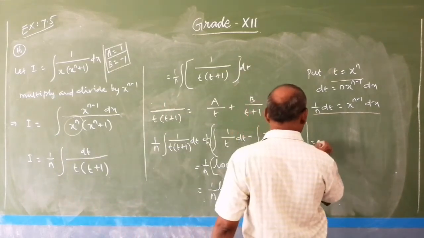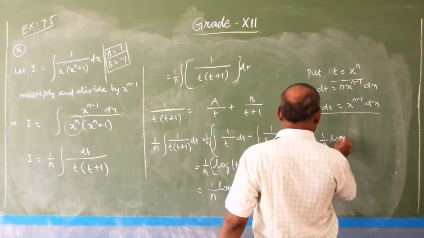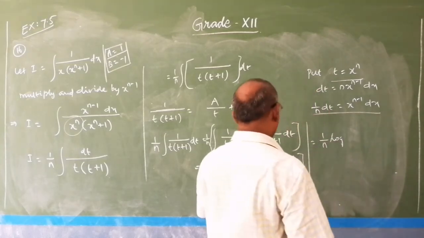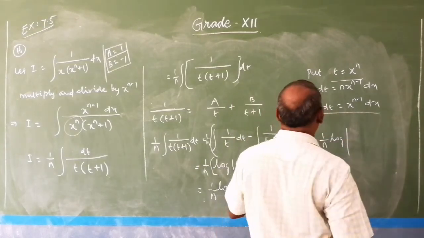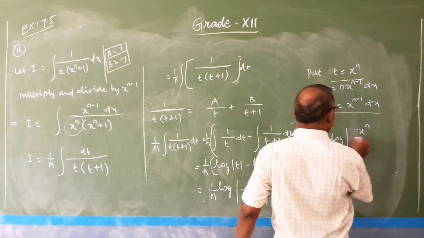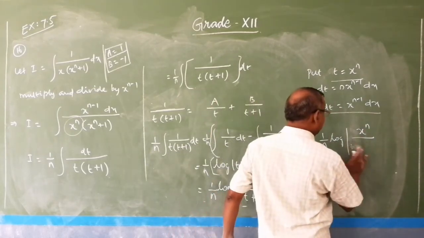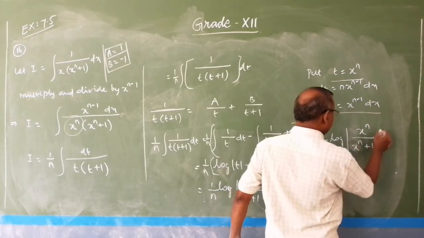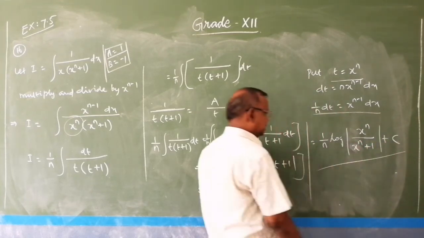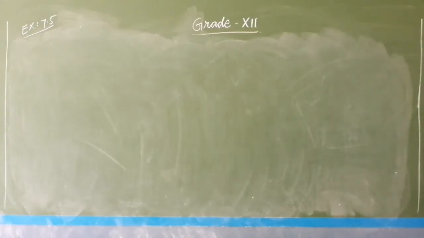So the answer is 1 by n into log of modulus of t, meaning x power n, and the denominator is t plus 1, meaning x power n plus 1, plus c. So this is the next question, number 17.